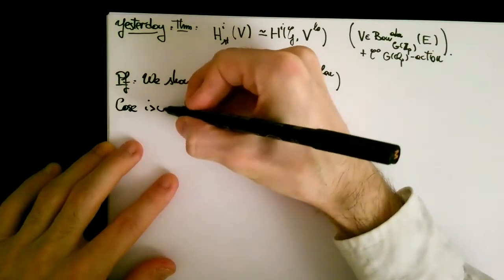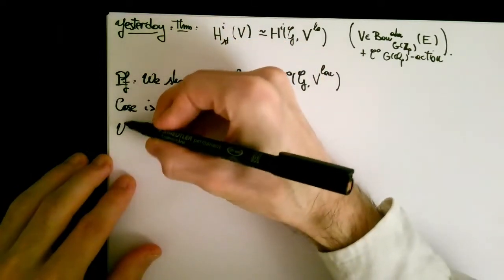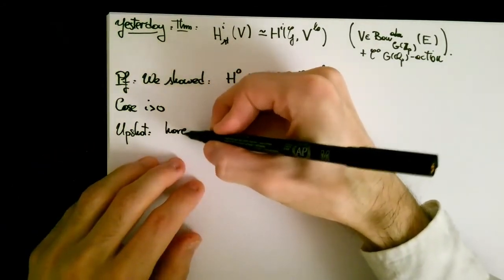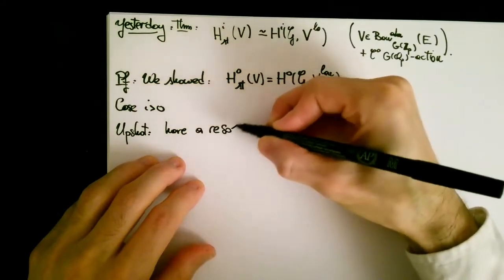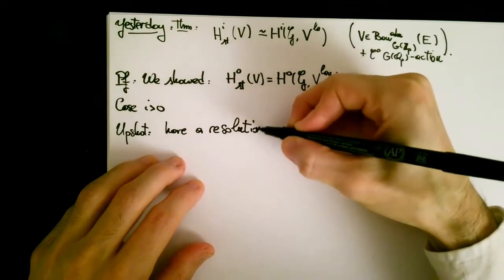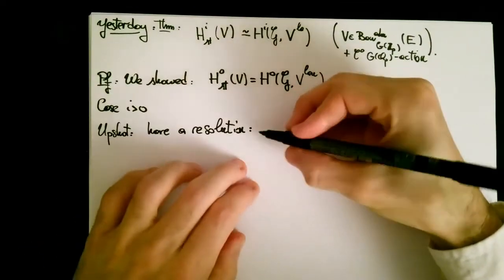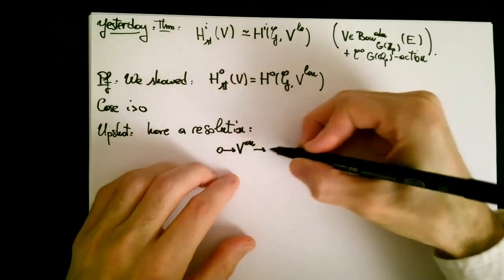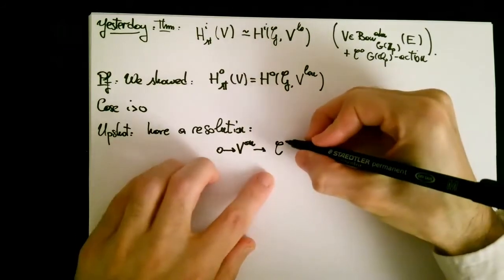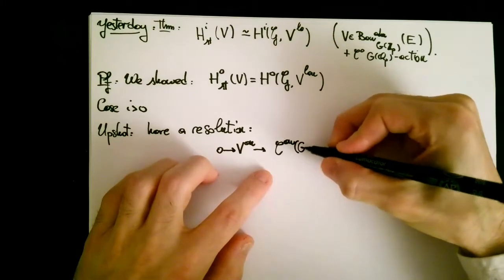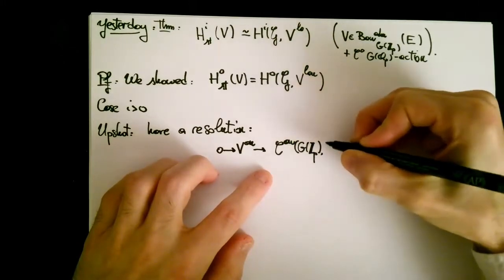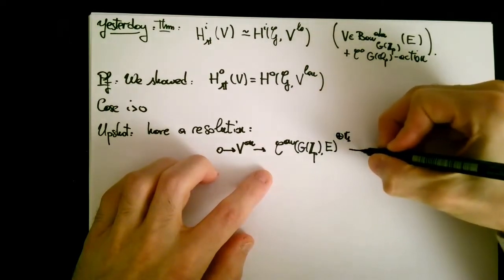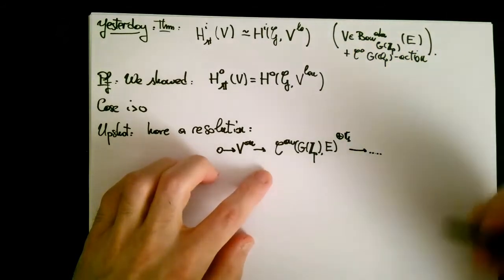i strictly bigger than 0, and the upshot is that we have a resolution of V analytic, which looks as follows: 0, V analytic, and then we had the space of analytic functions over GL_2(Z_p), E, and here we have a certain direct sum, R1, and so on.